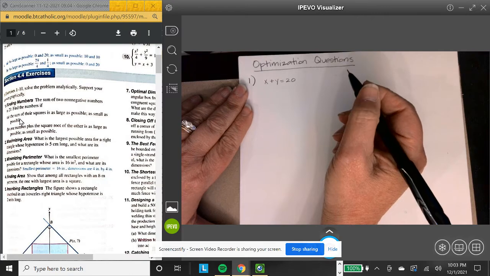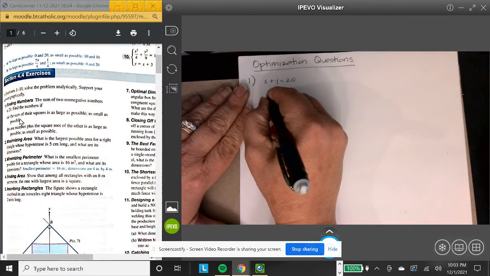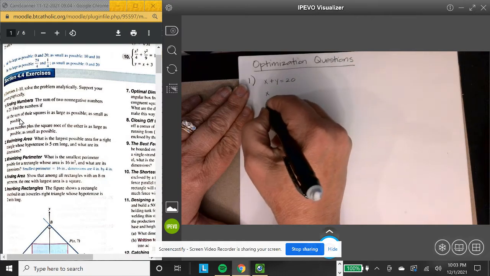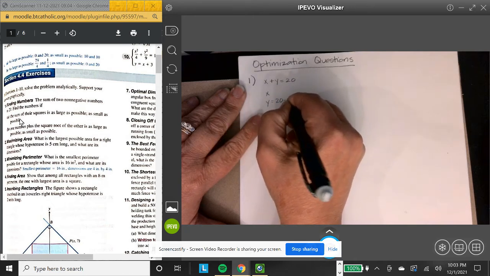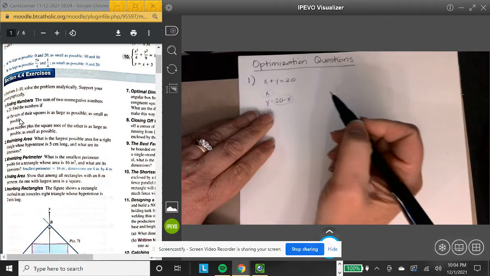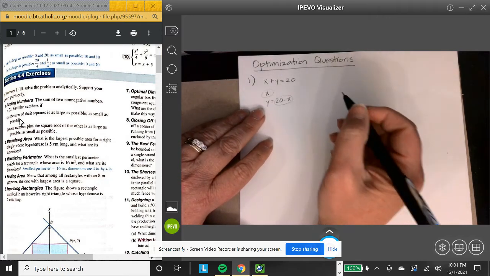That's the sum. So y equals 20 minus x, right? Theoretically, the numbers can be x and 20 minus x. All right, so the sum of their squares is as large as possible.